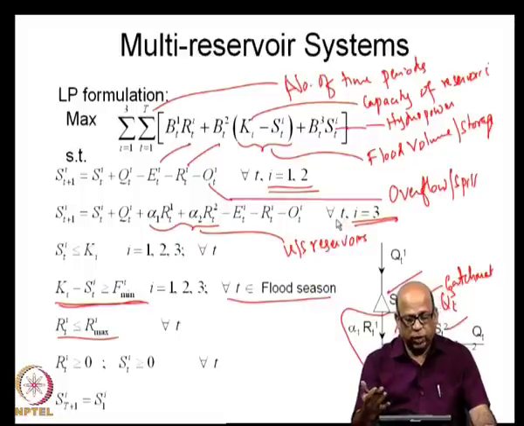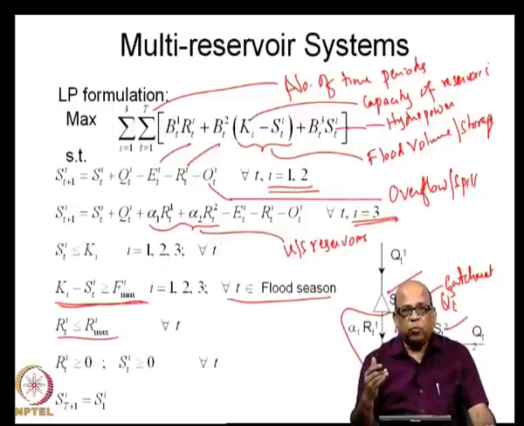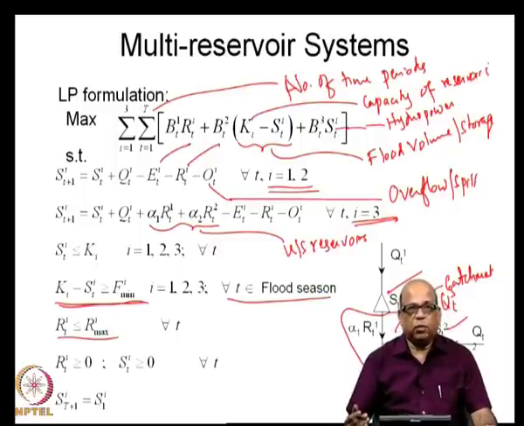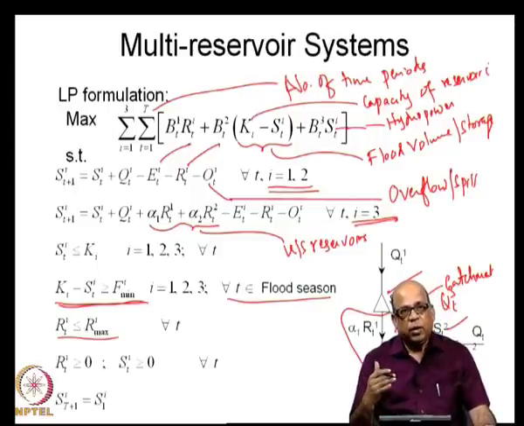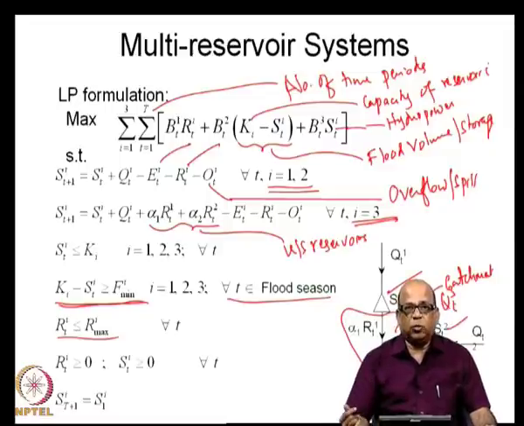In this particular case, we may take 3 or 4 for demonstration, but in general you may have at least 12 time periods associated with the months, and you may have not 3, but 14 or 15 reservoirs, and therefore, the number of equality constraints, including the overflows as decision variables related to the storage as well as the release, will be large. The number of equality constraints will be large, and therefore, in general, whatever algorithm you use for linear programming may fail to give a feasible solution.